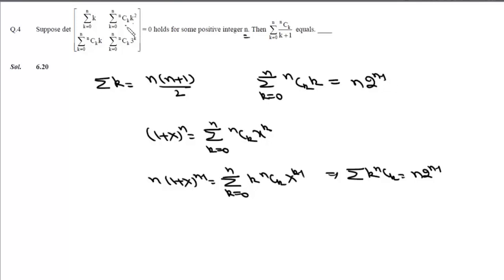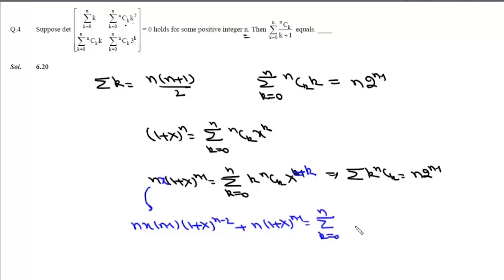Now we need nCk into k squared. For that, we'll first multiply this with x, so it becomes x^k, and we'll differentiate again. We'll write n x (n-1)(1 + x)^(n-2), and then plus n into (1 + x)^(n-1), and it will be equal to the summation k varies from 0 to n, k squared nCk x^(k-1).